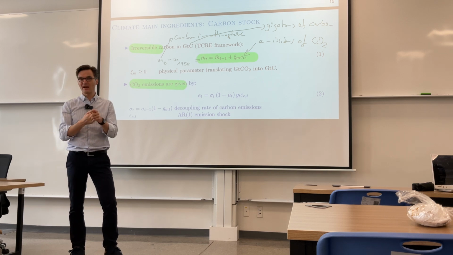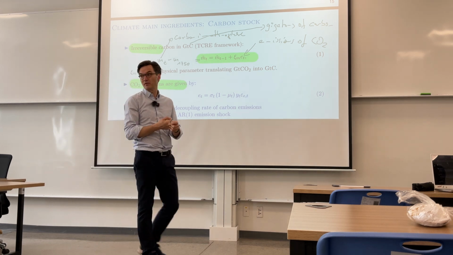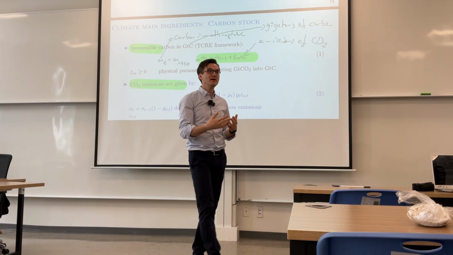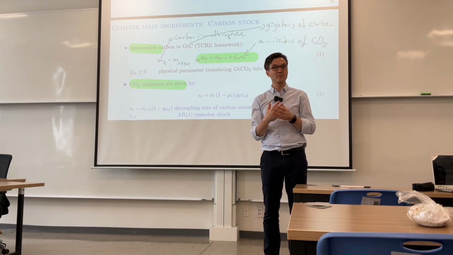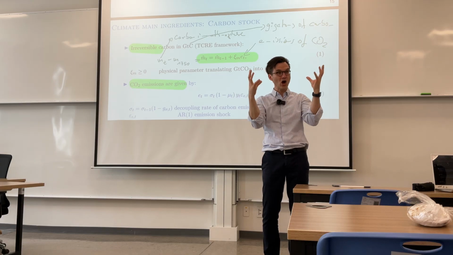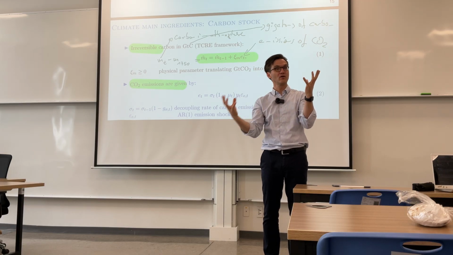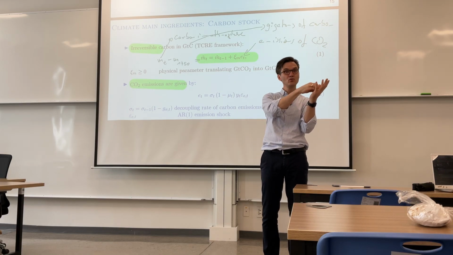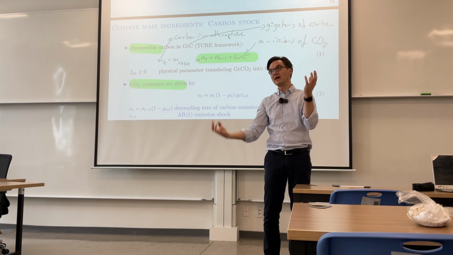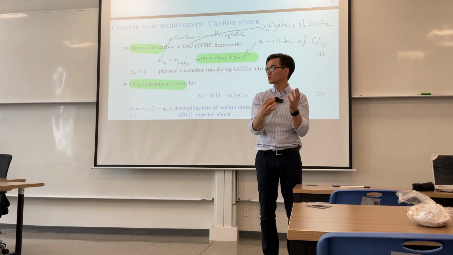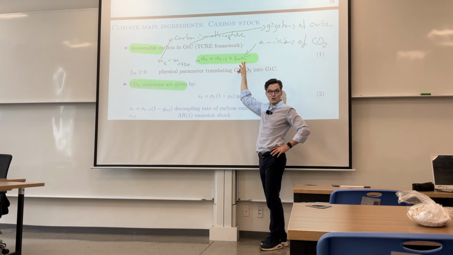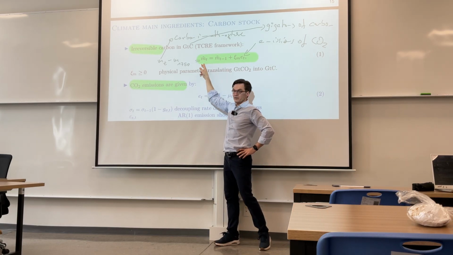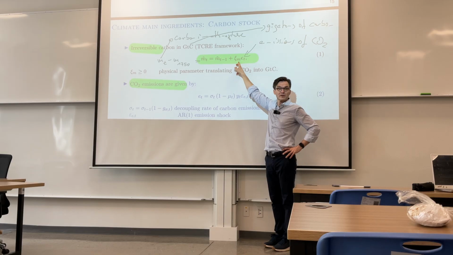Beef cattle or sheep produce methane, which is natural gas, and that's emitted into the atmosphere too. So the total amount of carbon in the atmosphere comprises additions via CO2, methane, and other things. That's why there is no one-to-one mapping between CO2, which is E, and carbon, and that's what this parameter picks up.